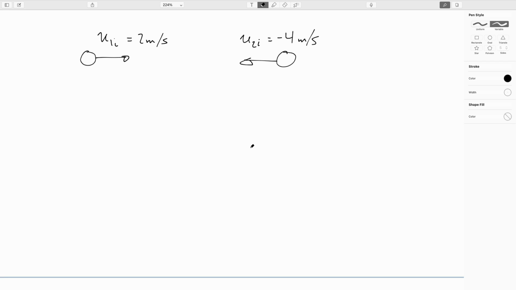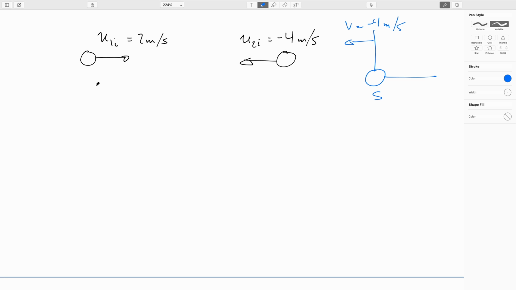A way that you could do this calculation is you could shift to a frame where one of the objects is seen as stationary. So we can bring in our friend S prime, also moving to the left at -4 meters per second.